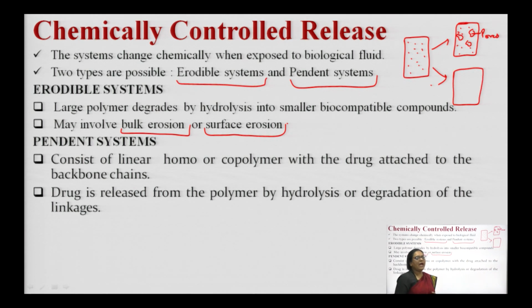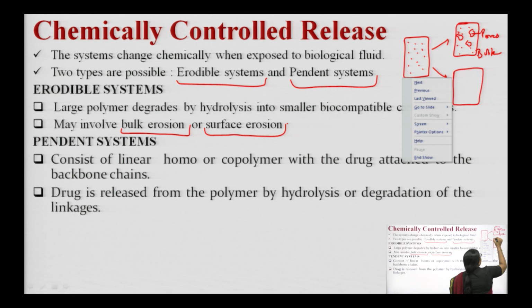Whereas, in a surface erosion system, the erosion happens only at the surface. Here the erosion was happening in bulk of the polymeric matrix. So, this was bulk erosion. In surface erosion, the drug will be released only from the surface.